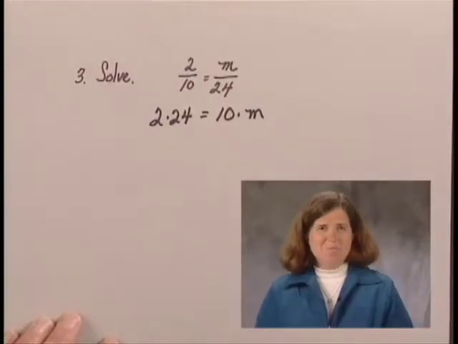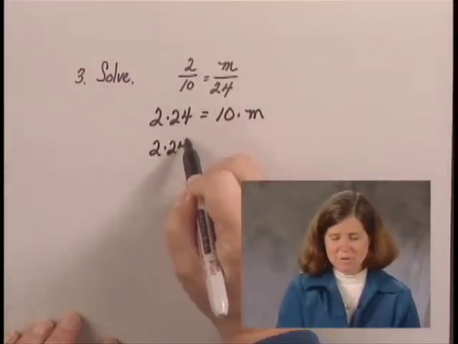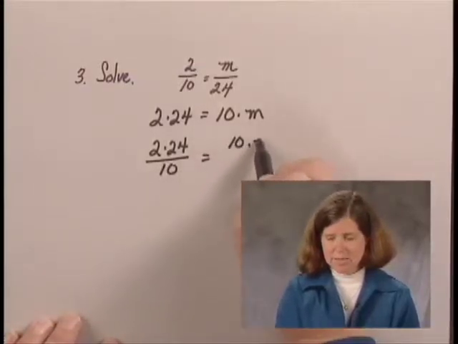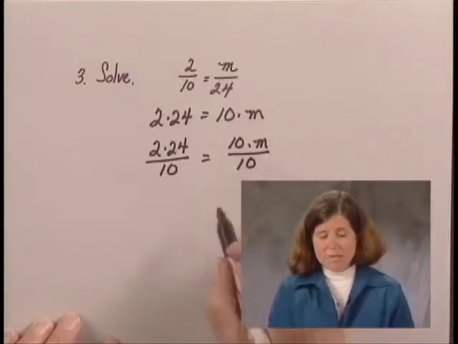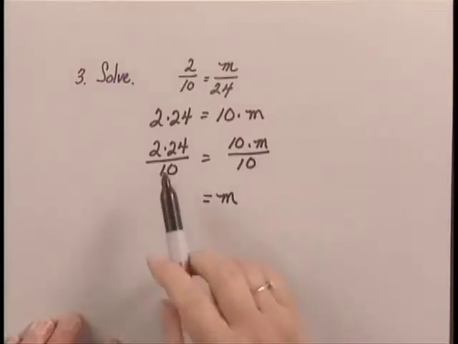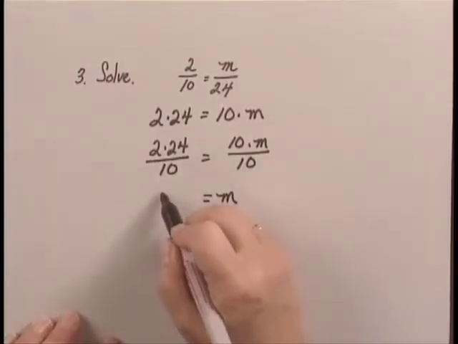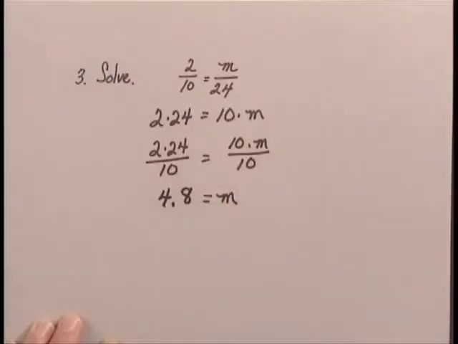To solve for m, we divide both sides by 10, and we get 2 times 24 divided by 10 equals 10 times m divided by 10. On the right side, this simplifies simply to m. And on the left side, we multiply 2 times 24, we get 48. Divide that by 10, we get 4.8. So we have a possible solution of 4.8 minutes it lost in 24 hours.